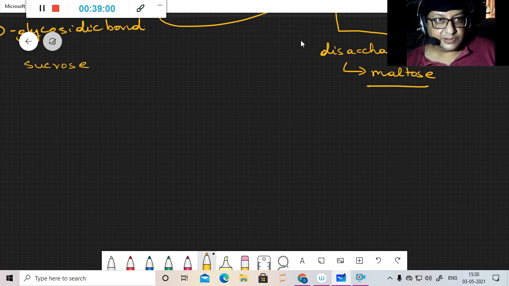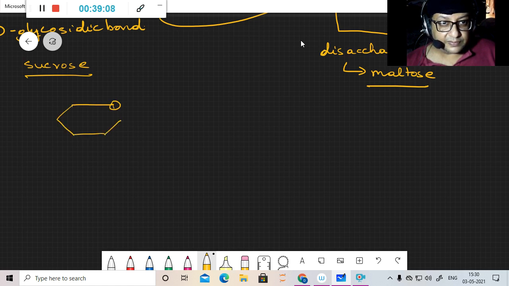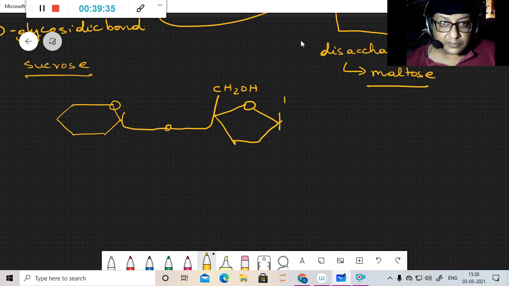Sucrose, the common sugar. This is common sugar.